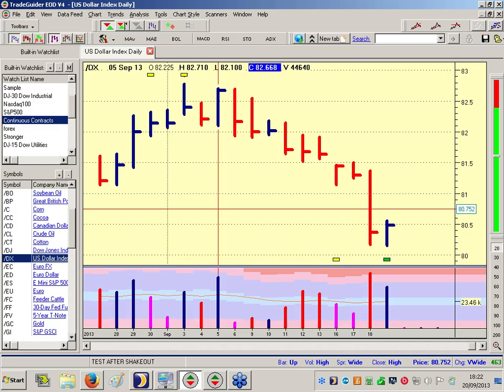Markets don't like ultra-high volume on up bars, and that's fairly obvious there, that's ultra-high, or very high volume on an up bar.